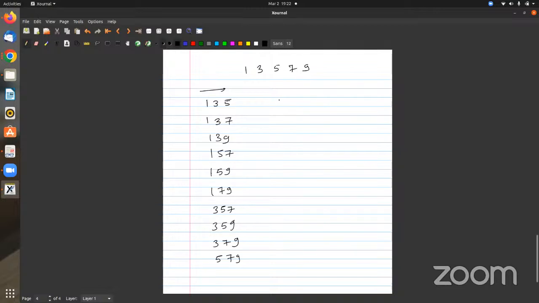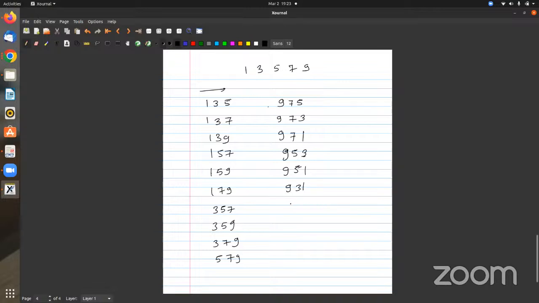Similarly, if I want the decreasing ones from left to right, I'll use 9 first: 975, 973, 971, 953, 951, 931.